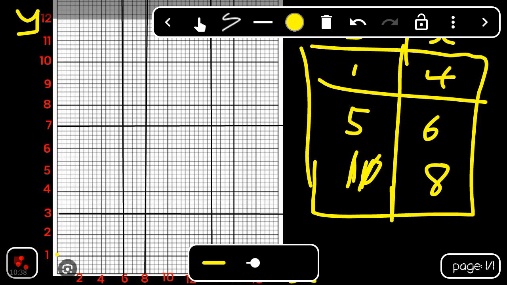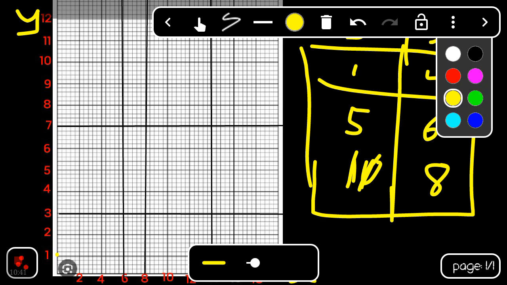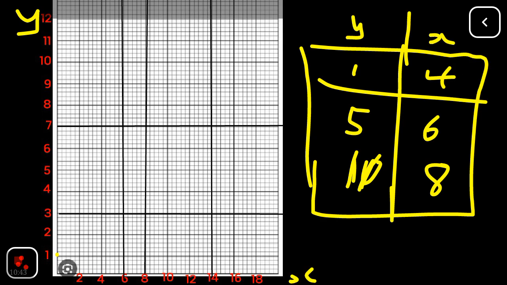Let me put a blue. And we say x is equals to 4, here. So where do they meet here? They meet here, right? That's where they meet.